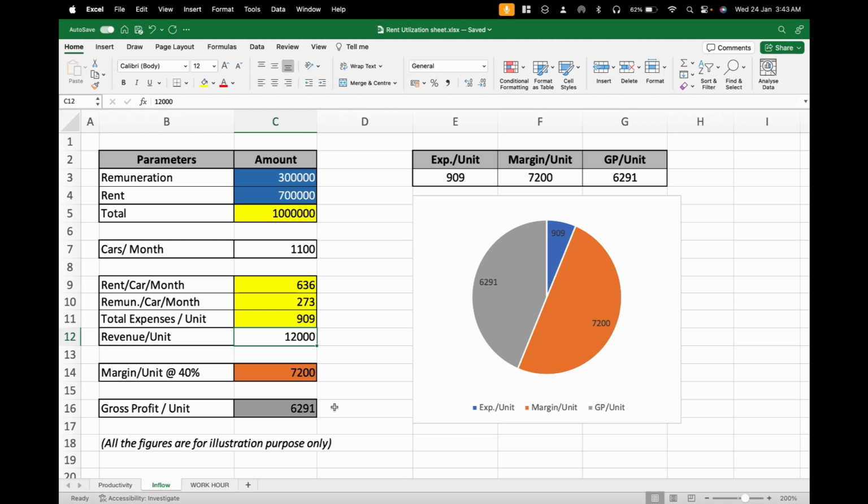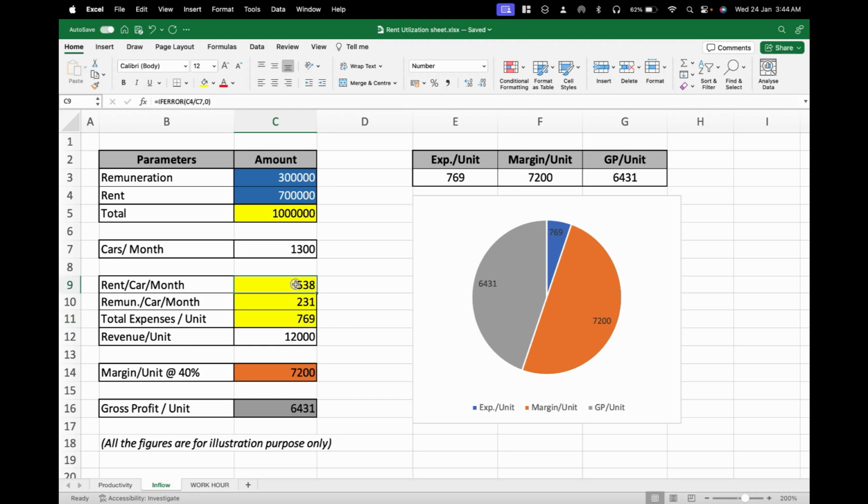Just imagine how the gross profit is affected in case the cars per month, the inflow of cars, comes down. Now let us take the case where we increase it to 1300 cars. See how it has changed. Now your total expenses per unit have come down from 900 plus to 769 rupees.